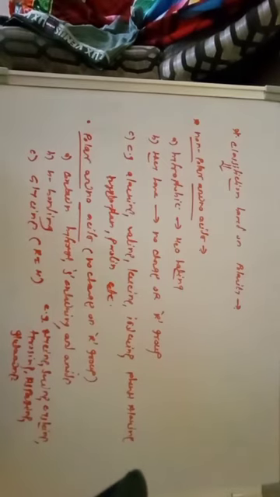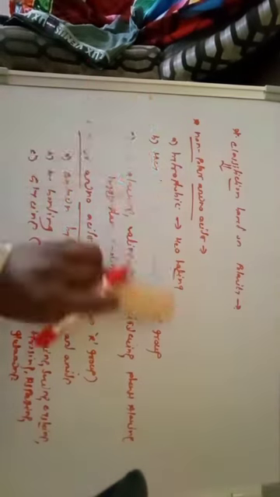Let us discuss the third type, that is, polar amino acids having a positive charge on the R group.